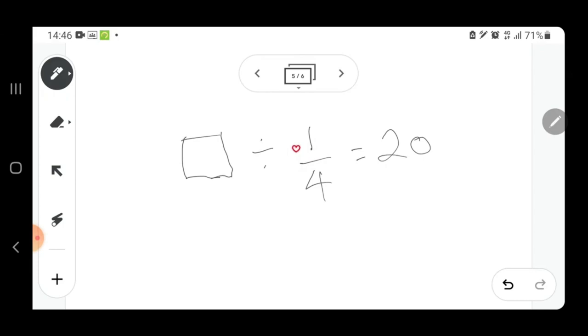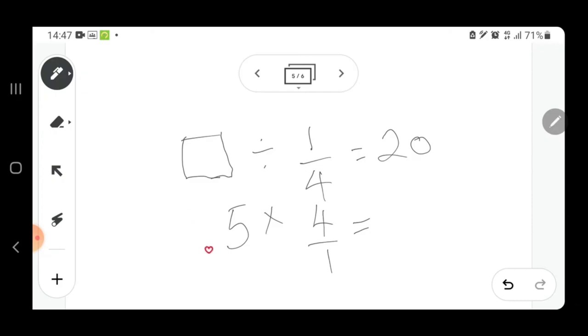When I multiply by 4, because you remember that this has to change to a multiplication sign, and this has to flip to 4 over 1, it will give me 20. Automatically we know that's going to be 5, because 5 times 4 is 20.